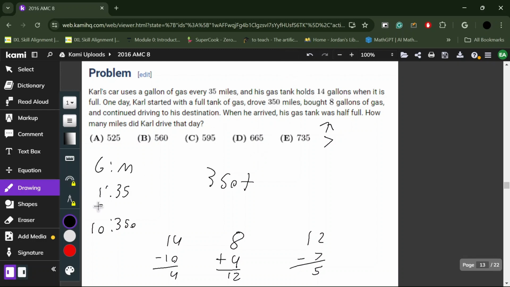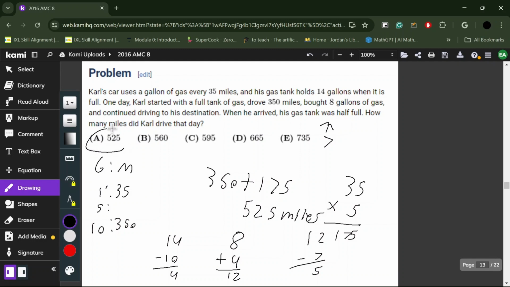So we're multiplying 35 times 5, which is 175. When we add 175 plus 350, we get 525 miles, which is letter A.